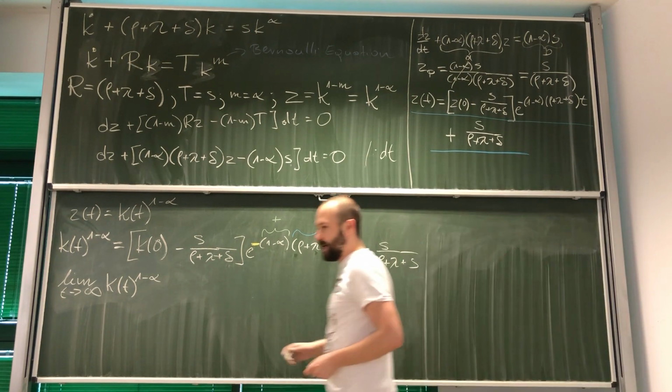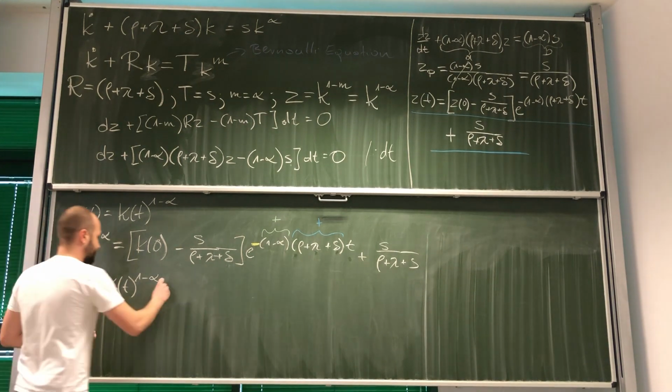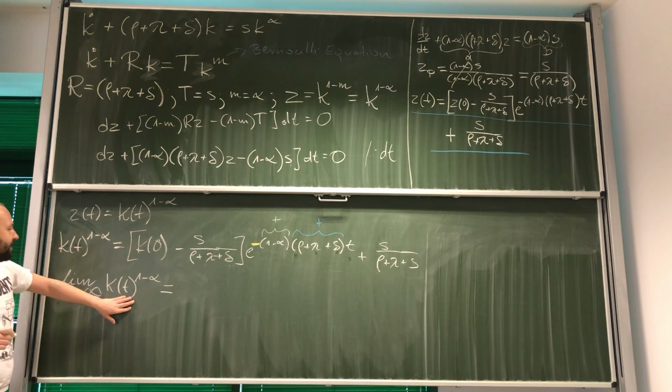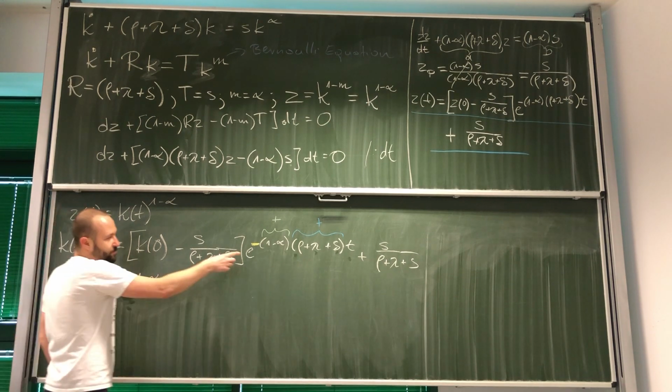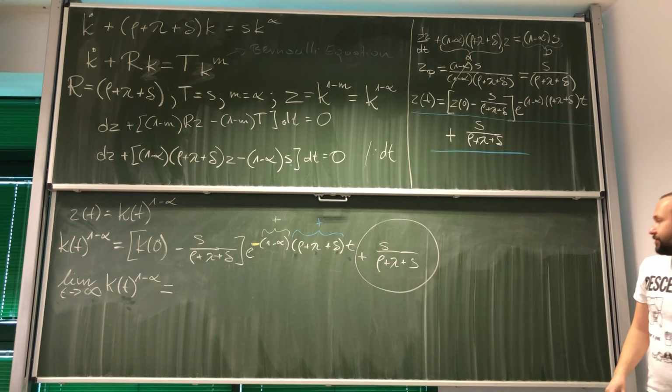Which shows us that the limit with t approaching infinity of k of t to the power 1 minus alpha is simply our particular integral.